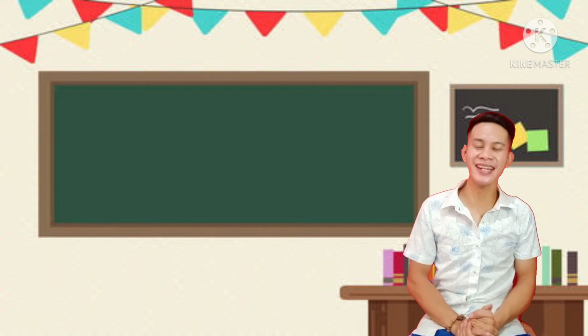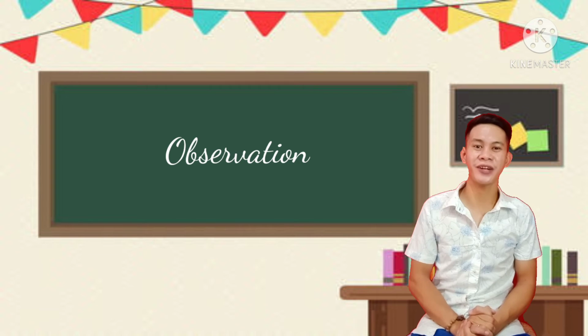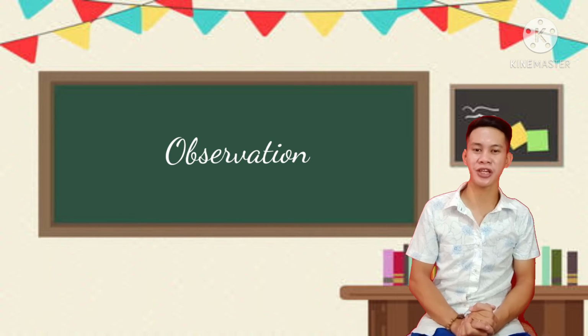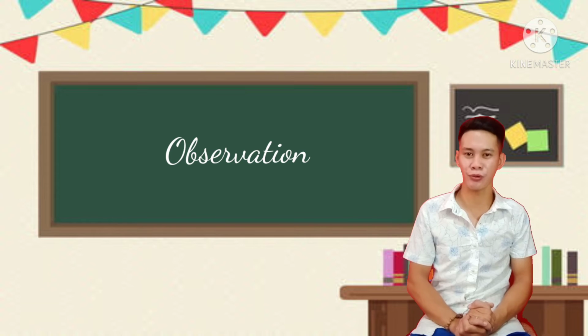Next term to define is observation. So what is observation? It is a frequently used term in educational programs. Teacher candidates observe and are observed multiple times over the course of their program.